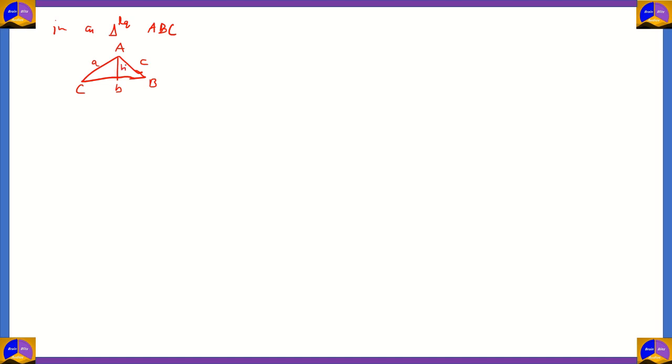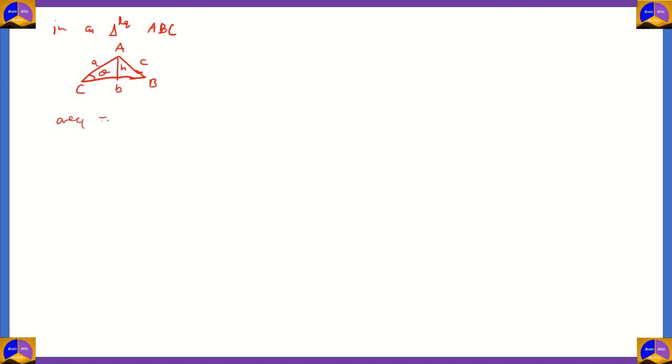We've got a height h, which connects vertex A to the line BC. So this is the height of the triangle. Now, we also have an angle theta, which is basically angle ACB.